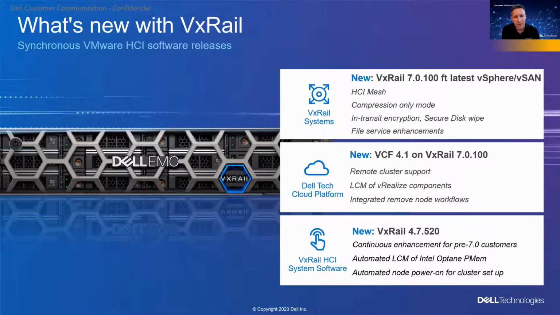Don't have any exact numbers, but just that update from vSphere 7.0 to vSphere 7 Update 1 meant that customers can now take advantage of the compression services in their vSAN clusters while still getting loads of performance across their cluster. They won't see a big performance hit there. So really interesting to get those efficiencies as well as the performance together.